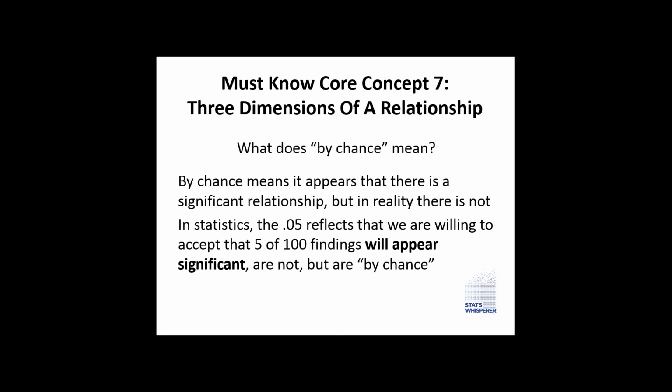So for our sake, I've put down here, by chance means it appears that there's a significant relationship, but there really is not. So in statistics, 0.05 probability reflects that we're willing to accept that 5 times out of 100, findings will appear significant, but are not. They're actually by chance. Right?